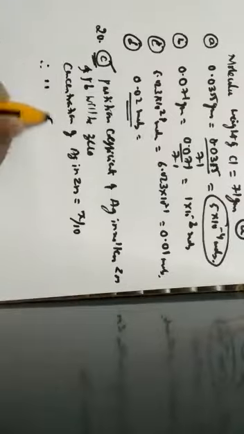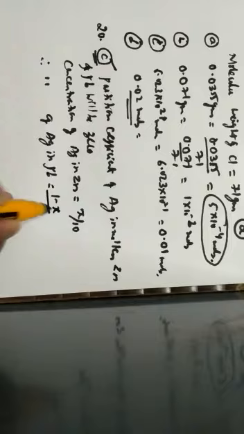In the same way, the concentration of silver in lead is (1 minus x) divided by 100.